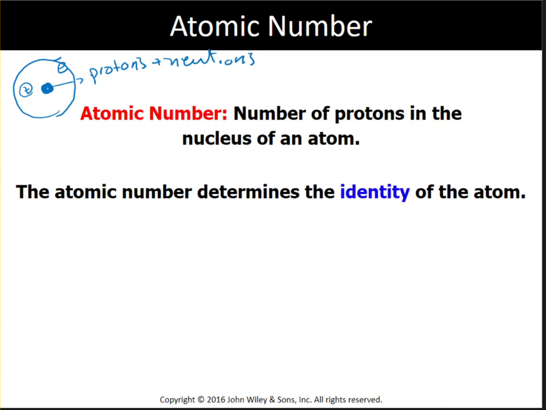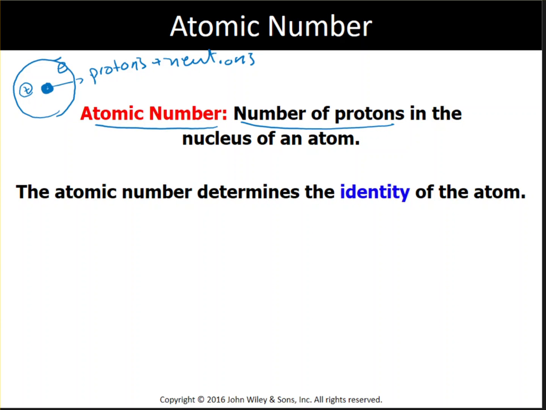The number of protons for each element is called the atomic number. So the atomic number is the one thing that can identify your element completely. So if you know how many protons you have, you can tell exactly what element you have.